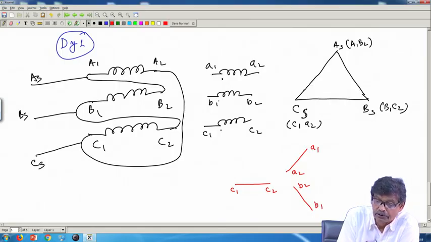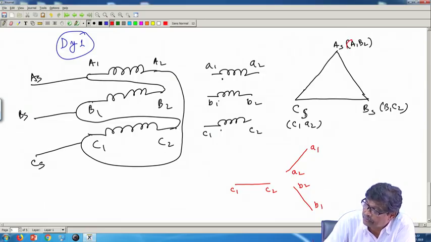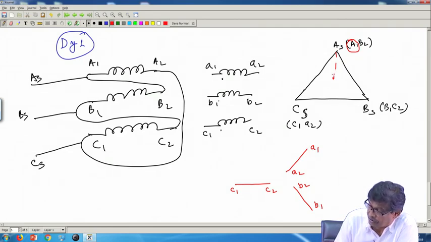But since you want to connect D Y 1, what would you like to have? Your A1 voltage with respect to neutral here, that is this secondary voltage, small a1, must be that way.